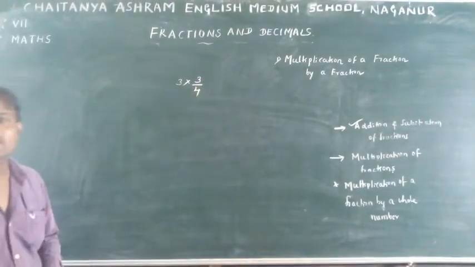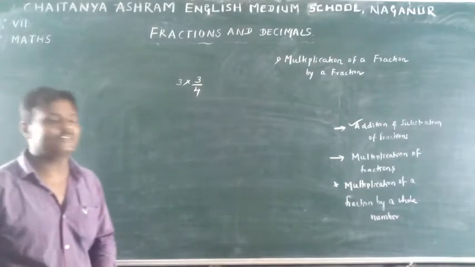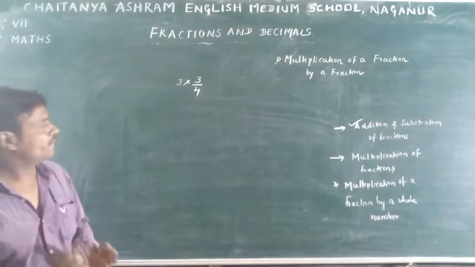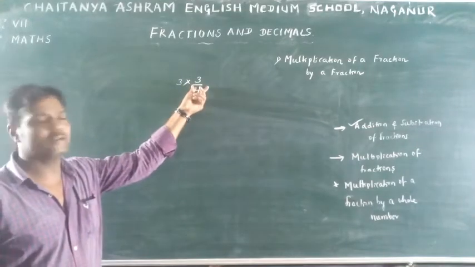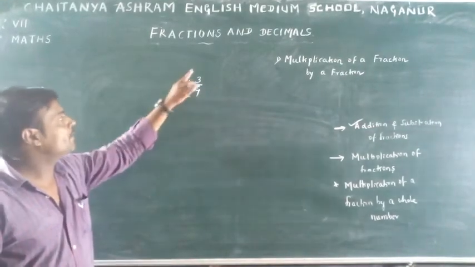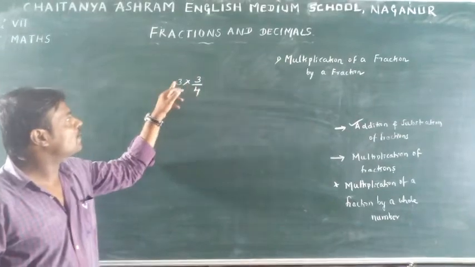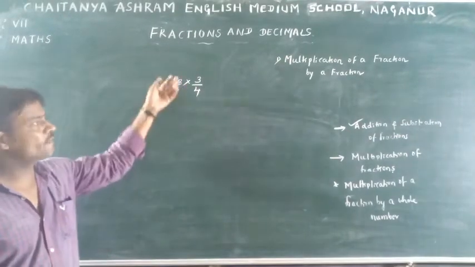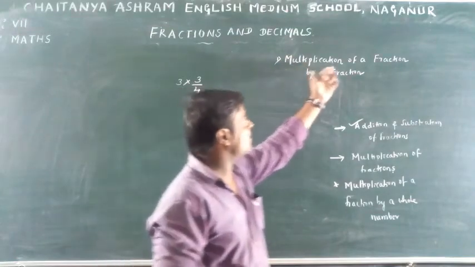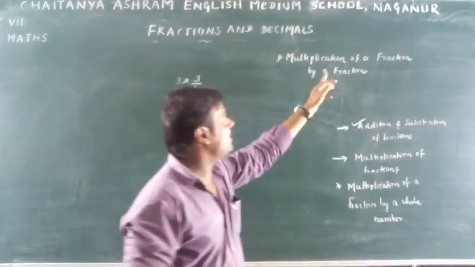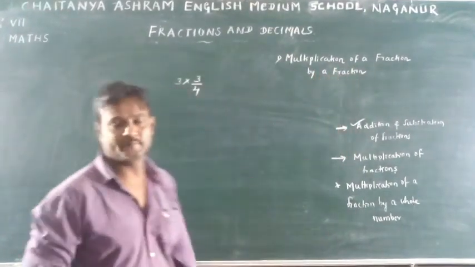This is the case of multiplication of fractions. The earlier case is multiplication of a whole number by a fraction or a fraction by a whole number. This we learned. So another case, multiplication of a fraction by a fraction.